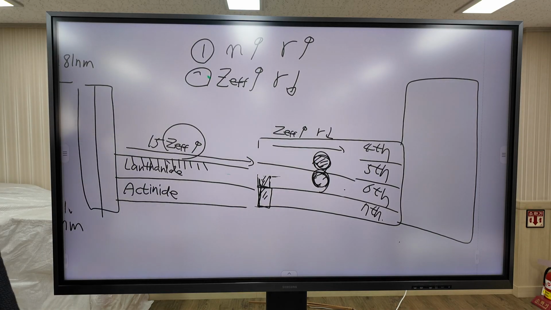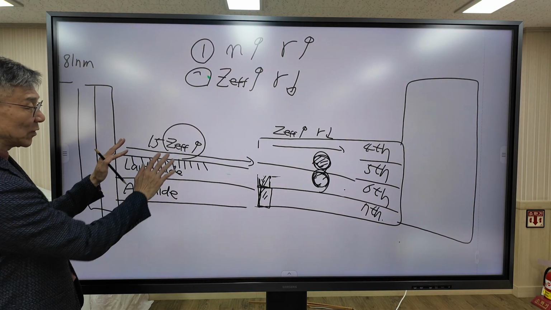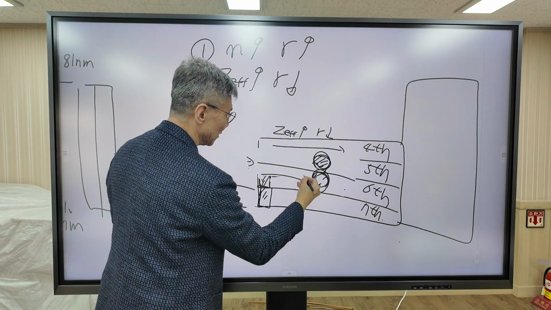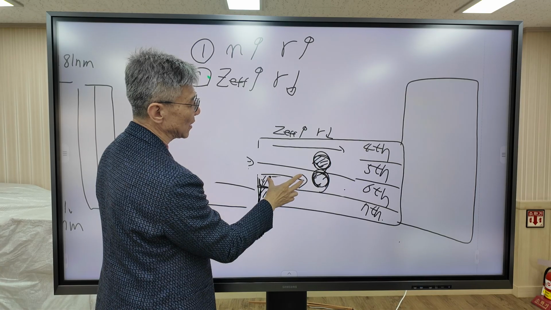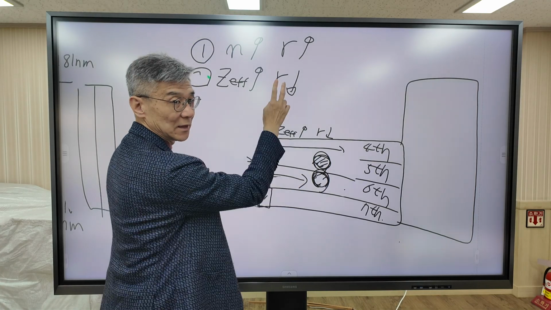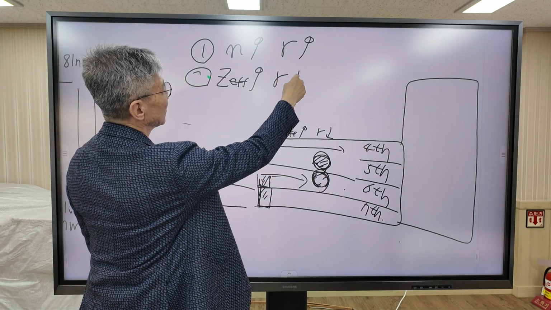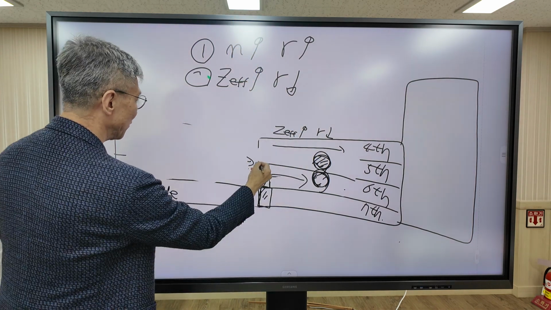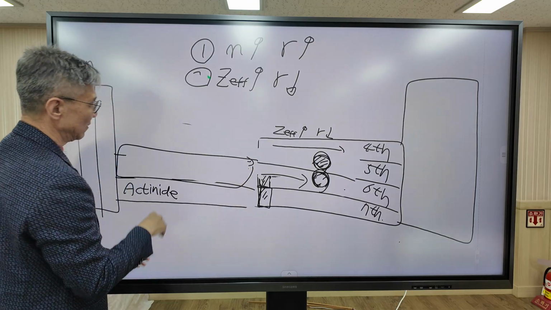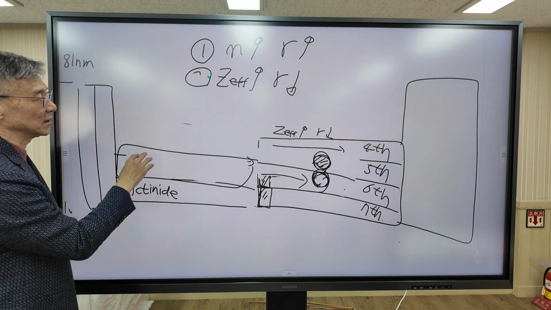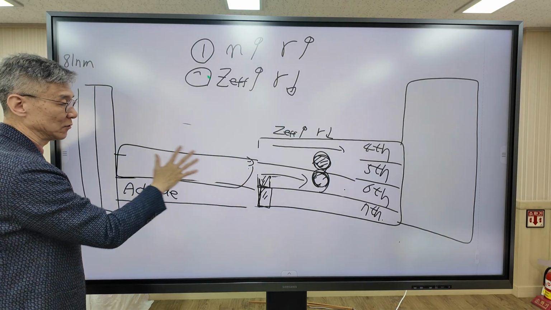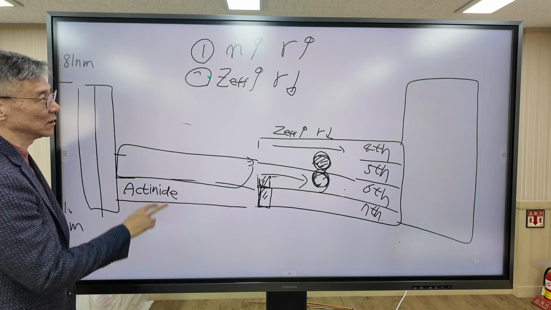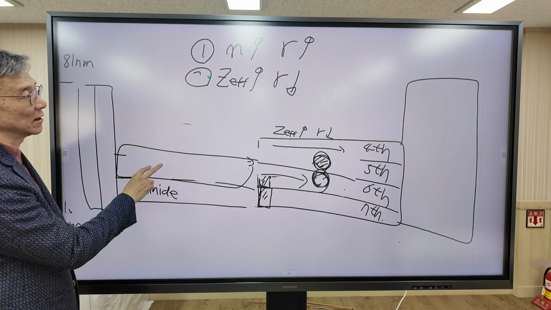Without these lanthanide elements, the effective nuclear charge would not increase so much, and then the atomic radius would increase. But with the presence of these 15 lanthanide elements, the effective nuclear charge increases enormously. So this phenomenon is called lanthanide contraction.